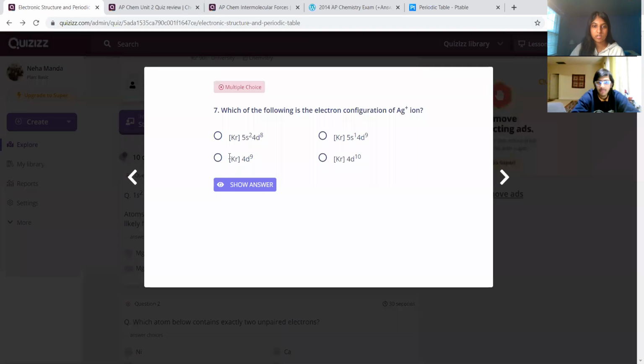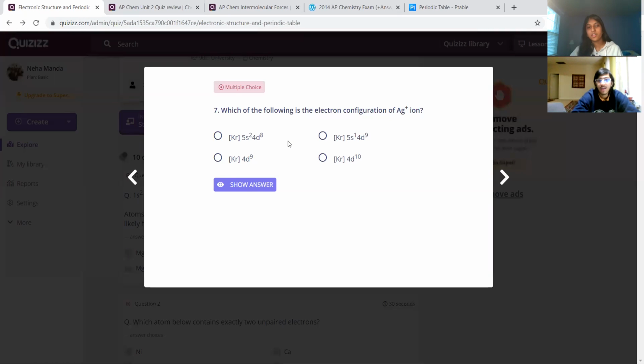So let's see, that should be, or there's that trend that happens where, wouldn't it be 5s2 4d8 then? Wait, what is the trend you're saying again? The trend where it switches, right? So it could very well be the krypton.